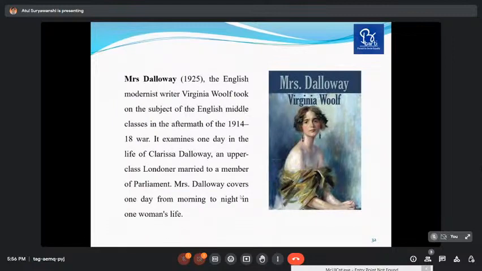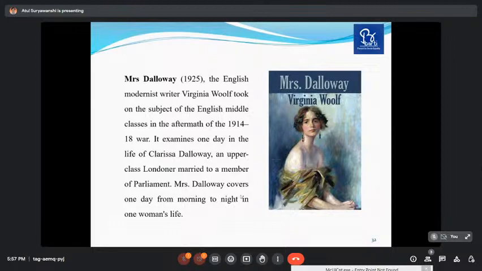Mrs. Dalloway is a prominent work asked in the examination, published in 1925. The English modernist writer Virginia Woolf took on the subject of the English middle classes in the aftermath of the First World War, 1914 to 1918. It examines one day in the life of Clarissa Dalloway, an upper-class Londoner married to a member of Parliament.